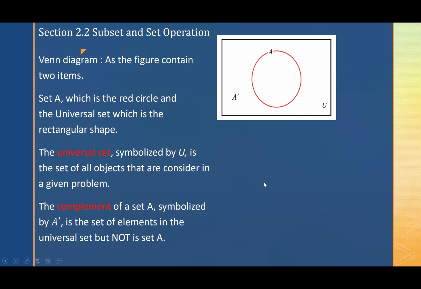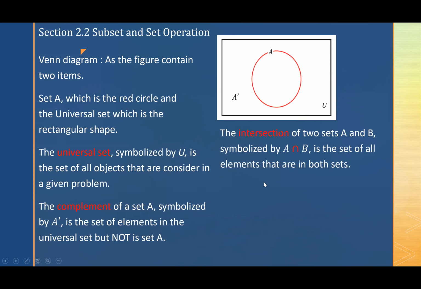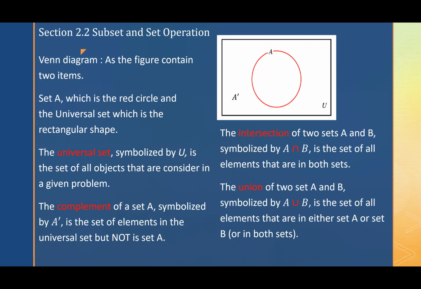Okay, so again, the other 2 notations, which are the last 2 you have, ladies and gentlemen, for chapter 2, are the intersection of sets and the union. The intersection, A intersection B, with the notation being the upside-down U here, basically tells you what items A and B have in common.